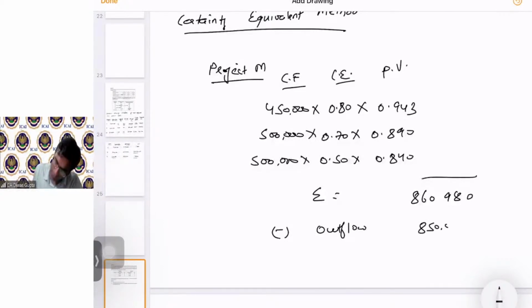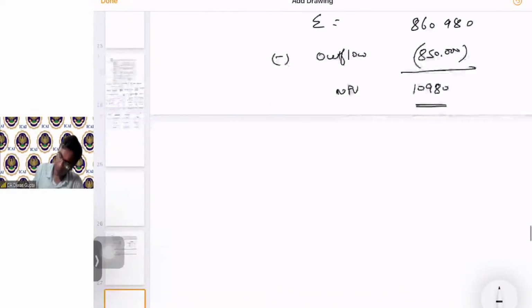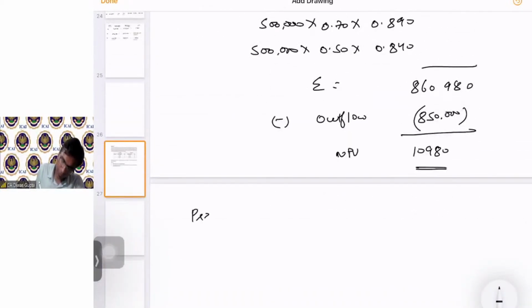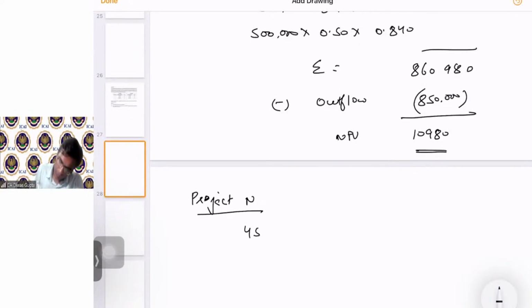850 is project M's outflow. So on net basis, NPV is 10,980. This is what NPV is. Similarly for project N, 4,50,000 multiplied by 0.90 multiplied by 0.943.